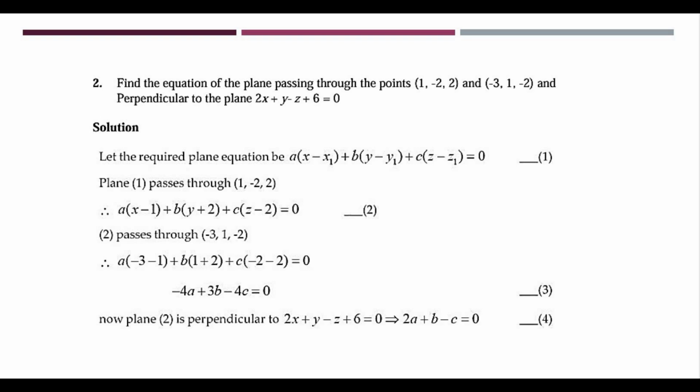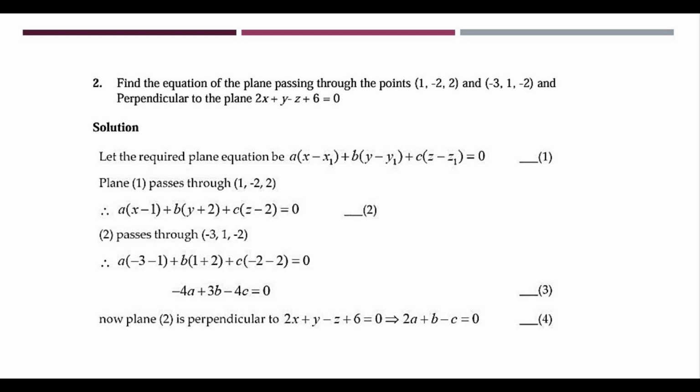And then equation number 2 passes through the point (-3, 1, -2). We substitute this value in x, y, z. Therefore, a(-3 - 1) + b(1 + 2) + c(-2 - 2) = 0. We get -4a + 3b - 4c = 0. Now consider plane 2 is perpendicular to 2x + y - z + 6 = 0.